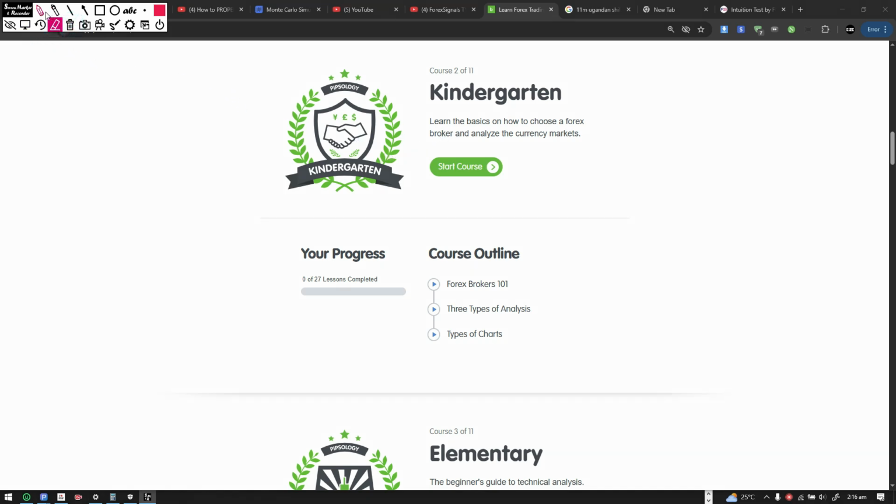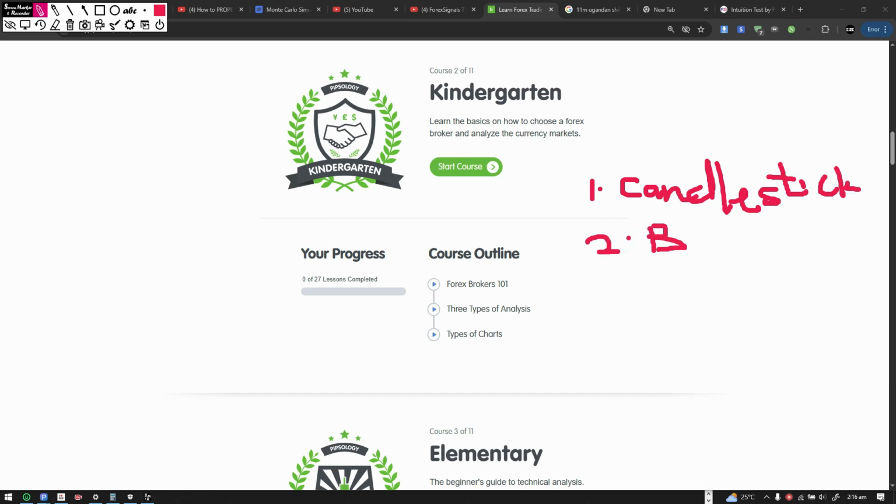So we have a lot of types of charts. We have the normal charts, that's the candlestick, right? That's the candlestick. We have the bar chart.